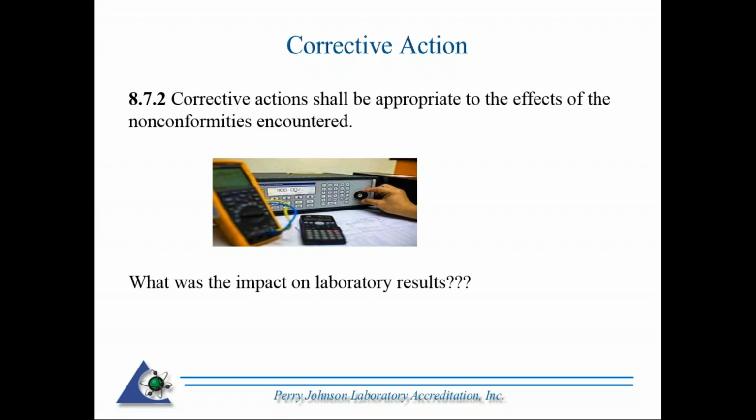I.e., the nonconformance may have been a cause for the institution of nonconforming work, which we did a webinar on, which will take it as far as recalling work that was already distributed to the clients.